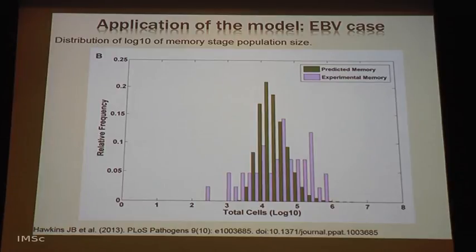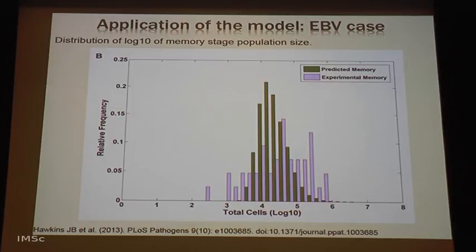So let me tell you a little bit more about validation of the model. Something that we did was to look at the sizes of populations at equilibrium. When you interrogate the model, it tells you, okay, you're going to be in an equilibrium in which, for instance, the germinal center population or the memory stage population will be of this size.